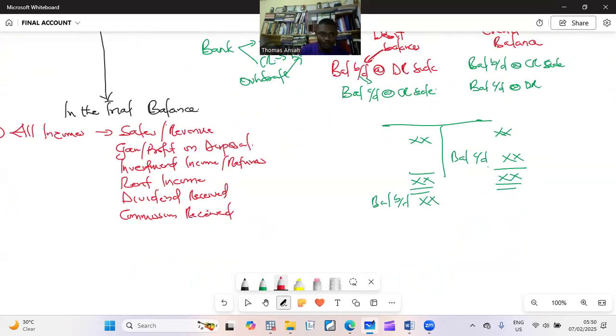All these incomes that you receive, whatever received, subscription received, whatever you receive. Some subscription that you receive, you will see much of that next semester, non-profit making organization, but the video is already available. So all these incomes that you see in the trial balance have already been received.